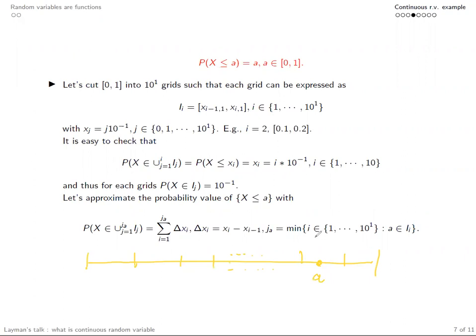So suppose A belongs to I_JA. I'll use JA to denote the index of the grid containing number A. And we're going to use the probability of X taking values within those intervals to approximate the probability of X strictly smaller than A or equal to A.